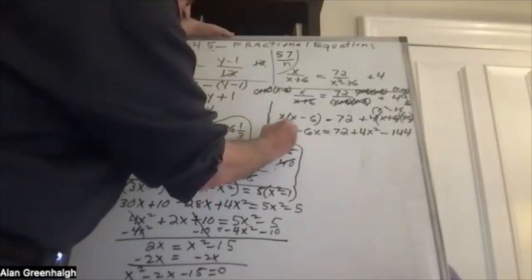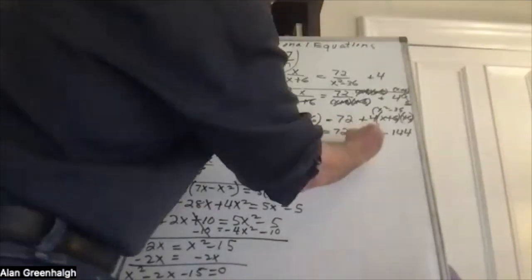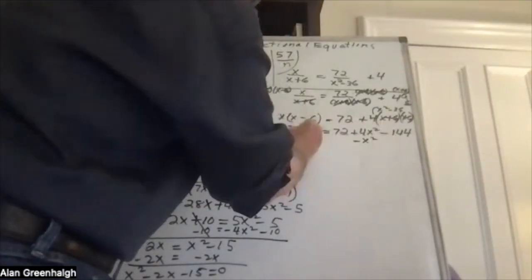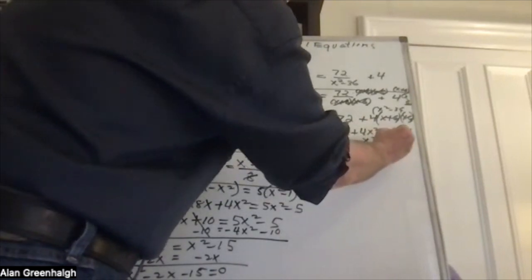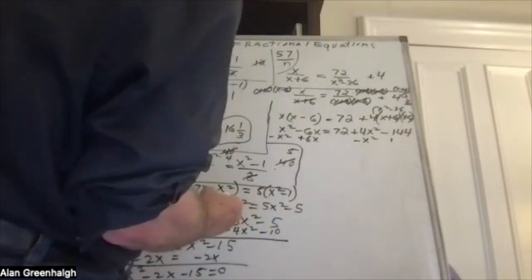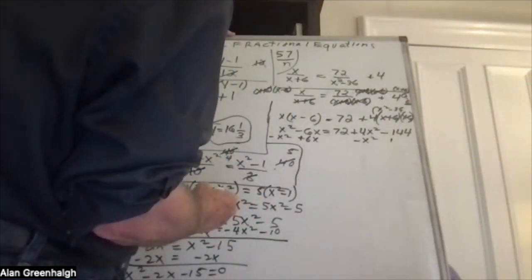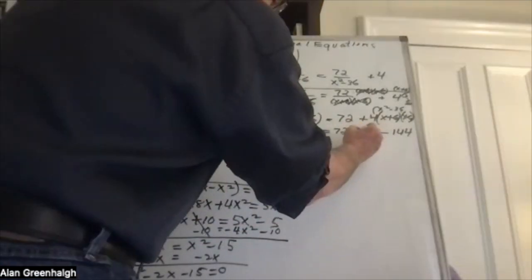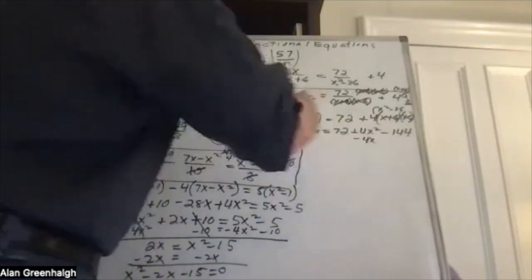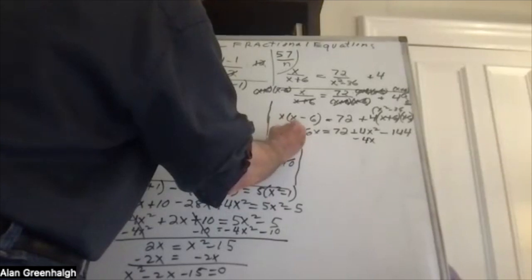let's bring stuff to the other side of the equation, shall we? Whoa. There's no just plain old ordinary x's in this problem? That's the only one? Okay. I think what we better do is bring everything to the other side of the equation.